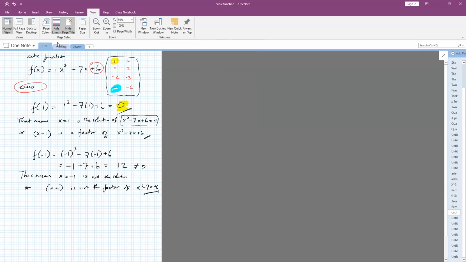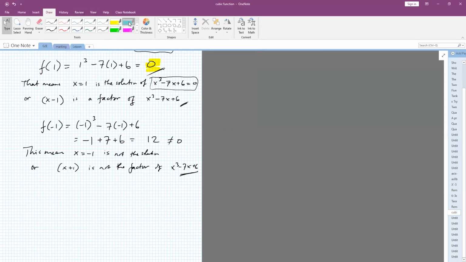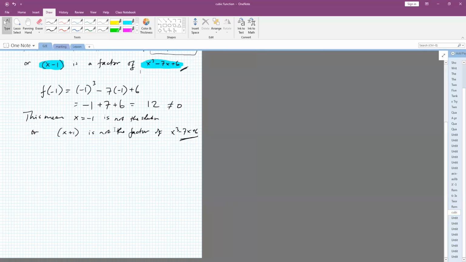To get the other solutions, we look at the factor that we already have, x minus 1, and we need to do the long division of this polynomial divided by x minus 1. This is something I want to show you here.